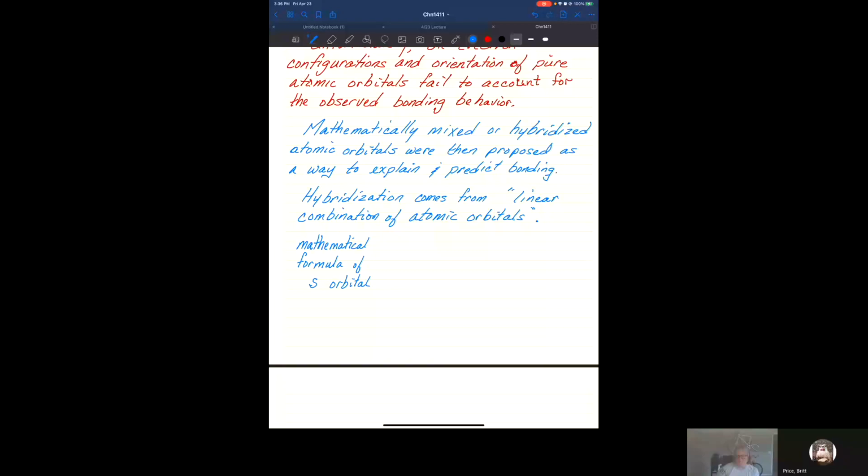So we'll have the mathematical formula for the s orbital, and then we'll do two things with it.